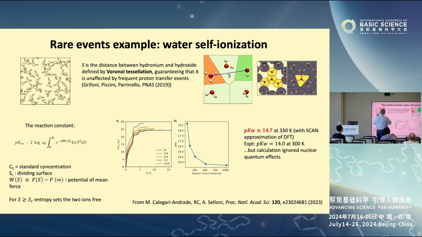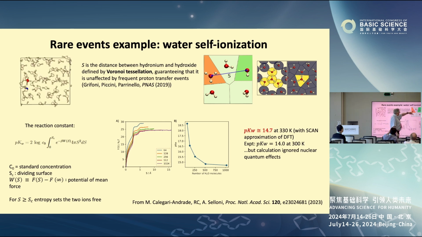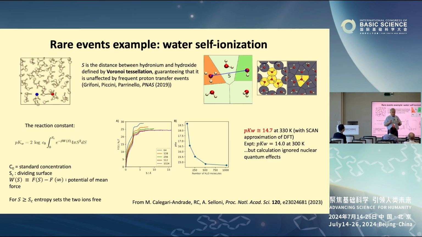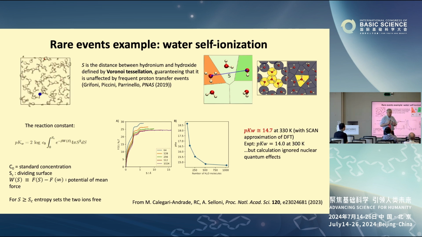Now, if we use the distance between the proton and the molecule from which we extract the proton, this won't work because when one creates this defect in the system, the protons are very mobile. On the picosecond scale, on a short time scale in the simulation, they jump from one molecule to the next.